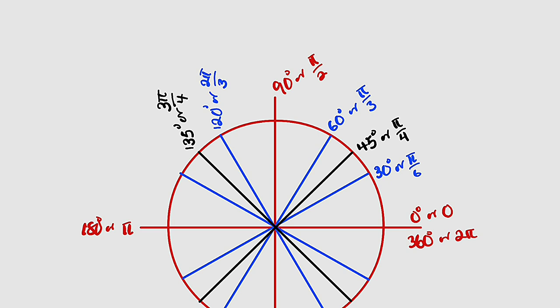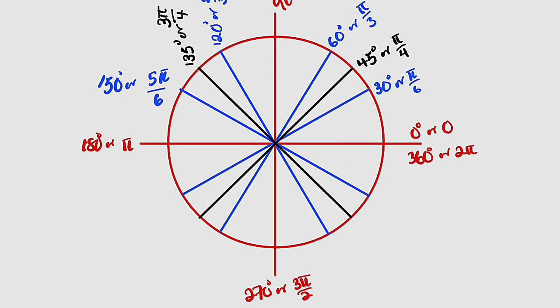Then the last one before 180 is 150 degrees, which is 30 degrees less than 180. The moment you subtract 30 degrees from 180, you obtain 150. So this is 150 degrees, or in radians 5 pi divided by 6.